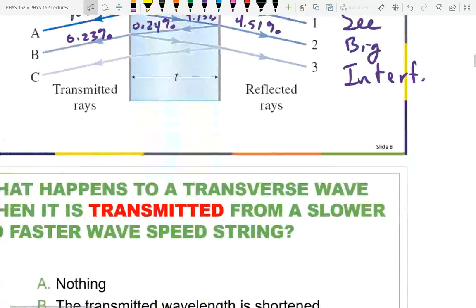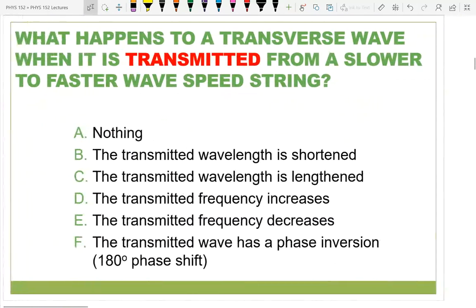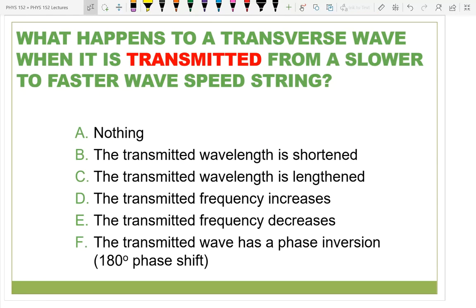So actually, I have some rules, but first I have two clicker questions. Clicker question number 1. What happens to a transverse wave when it is transmitted from a slower to a faster wave speed string? Now notice we've already established the frequency stays the same, so we're not asking about the frequency. If the frequency stays the same, clearly the wavelength is going to change.